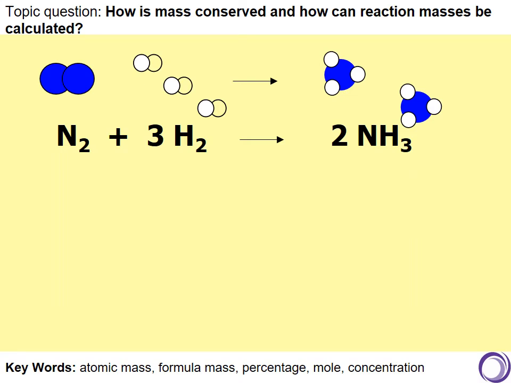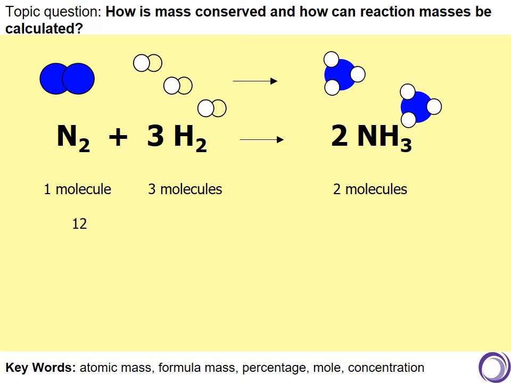Now we know how to work out the number of moles, let's have a look at a chemical equation. So here we have the equation to make ammonia. If I react 1 molecule of nitrogen with 3 molecules of hydrogen, I make 2 molecules of ammonia. That ratio is fixed.